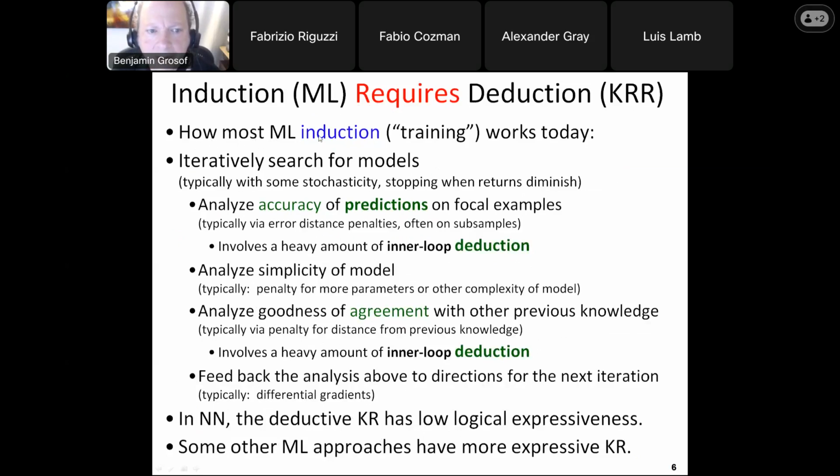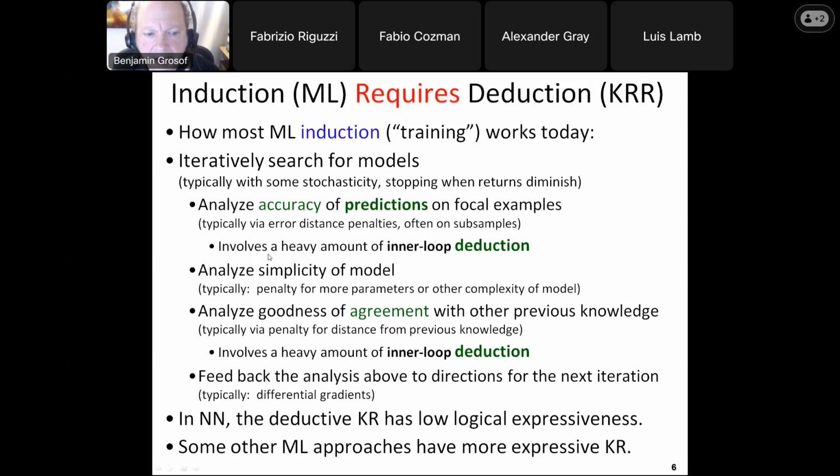The way most ML induction or training works today is that an algorithm iteratively searches for models, typically with some randomness, i.e. stochasticity, stopping when returns diminish, then analyzes the accuracy of predictions that are made on focal examples, typically via penalties or distance penalties for error, often on subsamples.